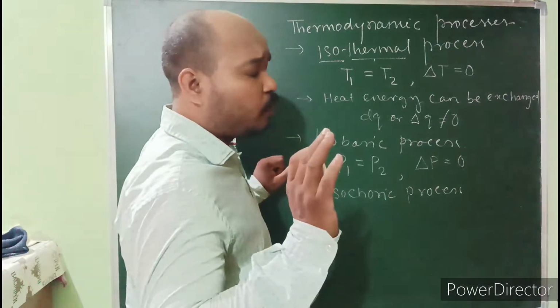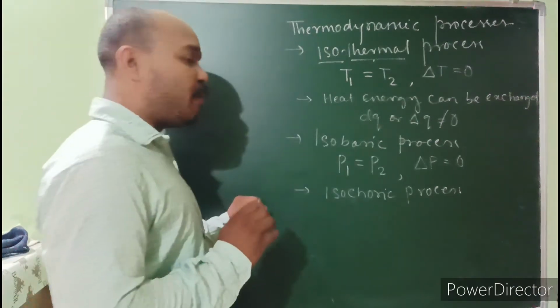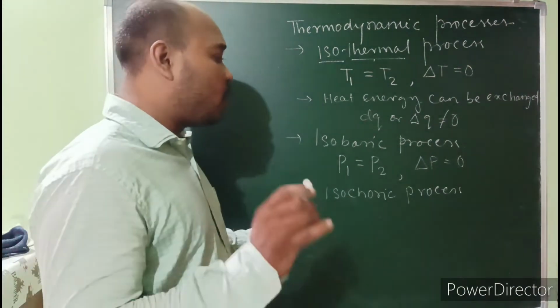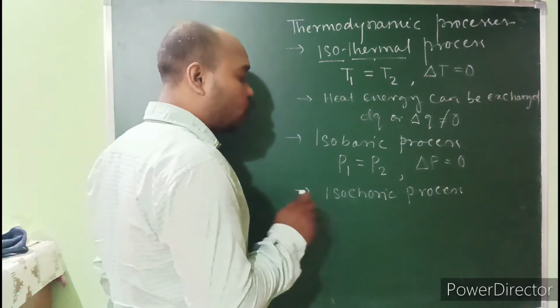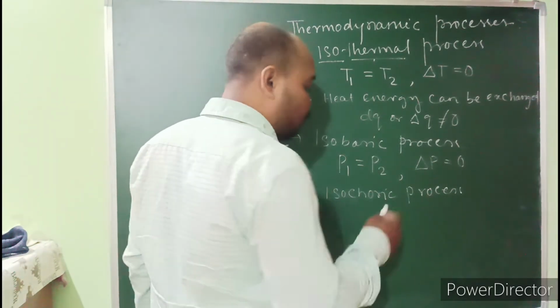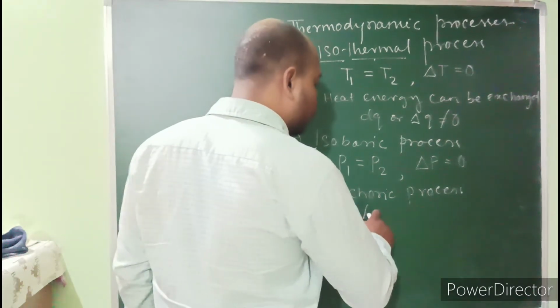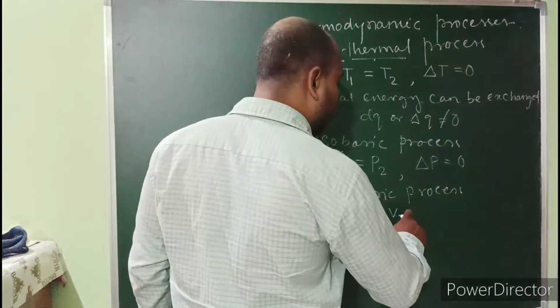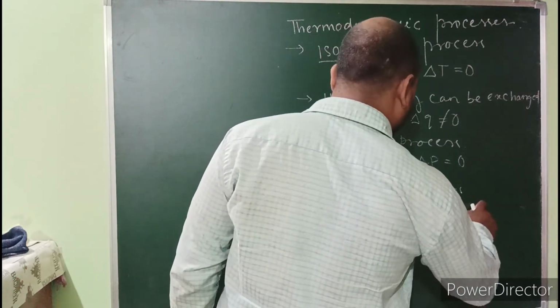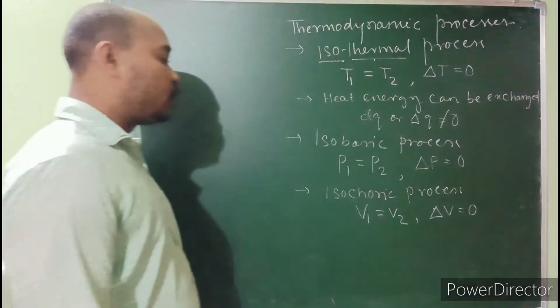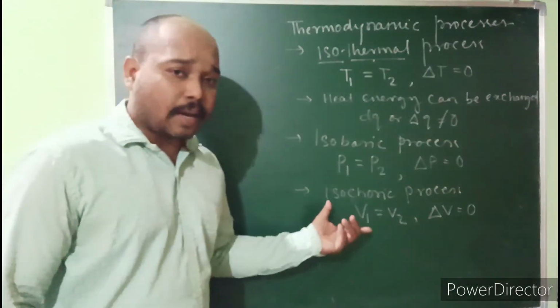For an isochoric process, initial volume V1 equals final volume V2, then del V equals 0. We have to remember these conditions.